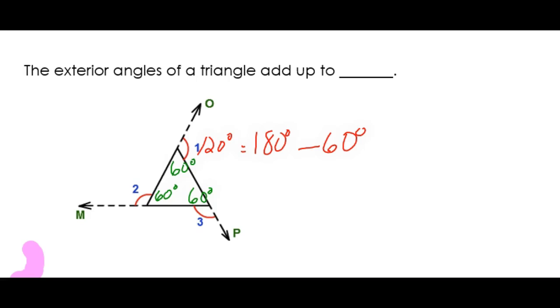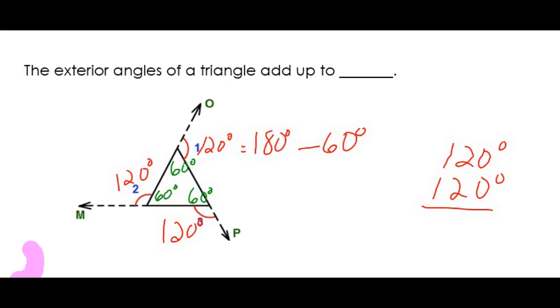Since each of the interior angles is 60 degrees, each of the exterior angles is 120 degrees. Well, 120 plus 120 plus 120 gives me 360 degrees. So there I go. And that's another important relationship that will help us when we're problem solving in geometry.